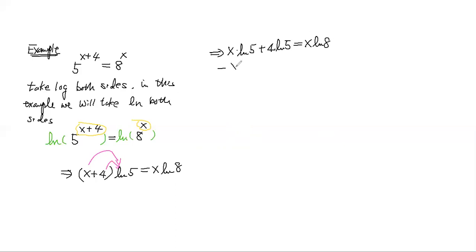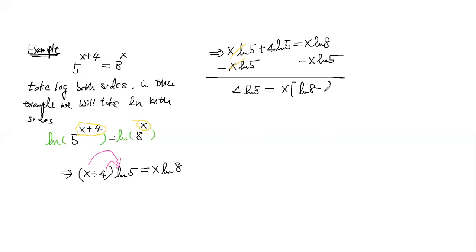So I subtract x natural log 5 on both sides here. If I do that, this one cancels. So on my left-hand side, I have 4 natural log 5. Then in here, I have x times natural log 8 minus natural log 5.